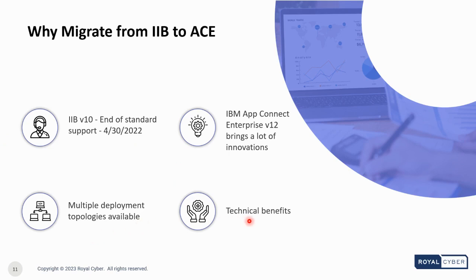It comes with tons of technical benefits under the hood. ACE utilizes fewer resources, such as CPU, memory, and disk space. ACE literally uses only a single operating system process, while IIB needs multiple processes for a single integration server. In App Connect Enterprise, policies are used instead of config files.